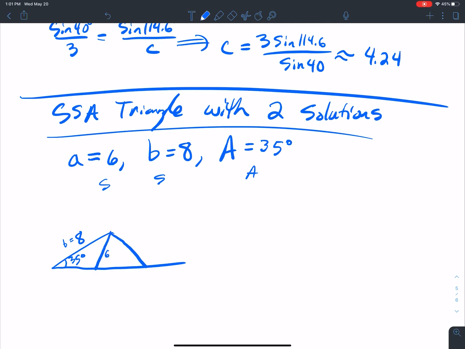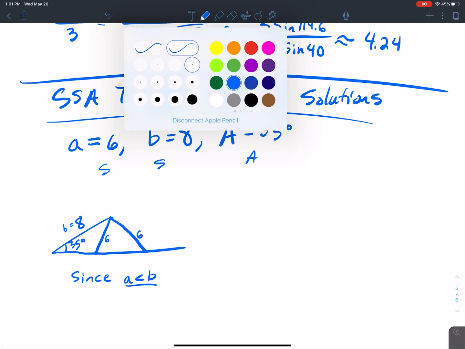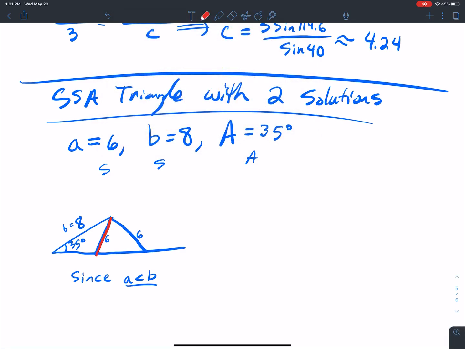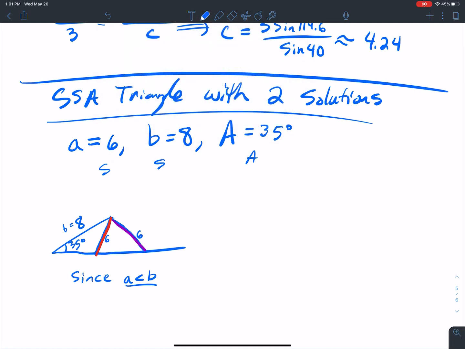So this is 6 or 6 here. Okay, so there's two possible triangles. Why? Since a is less than b, you've got these two options here. You've got this option here and that option there.